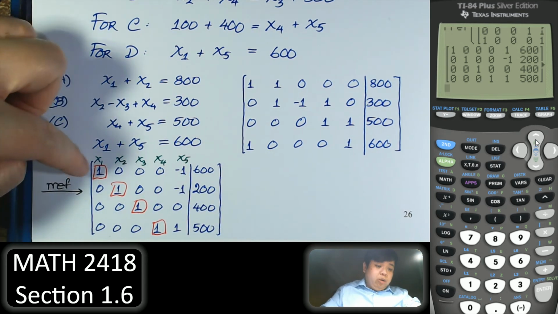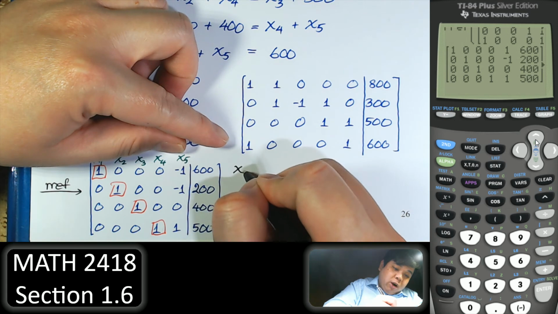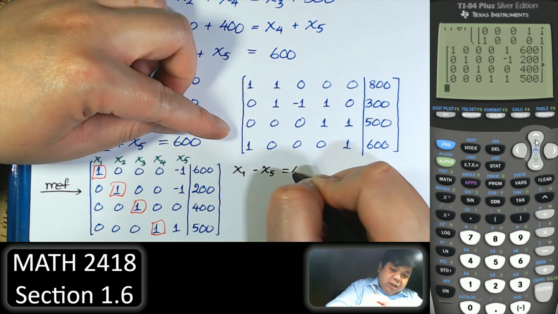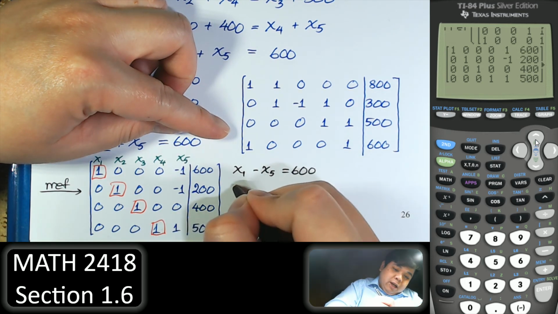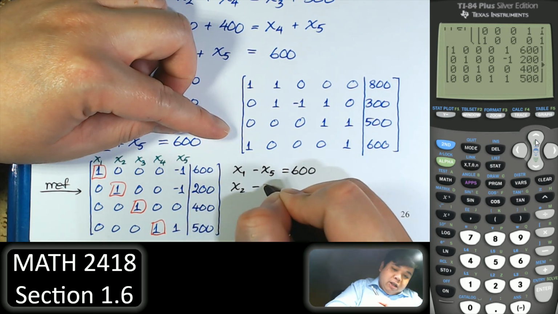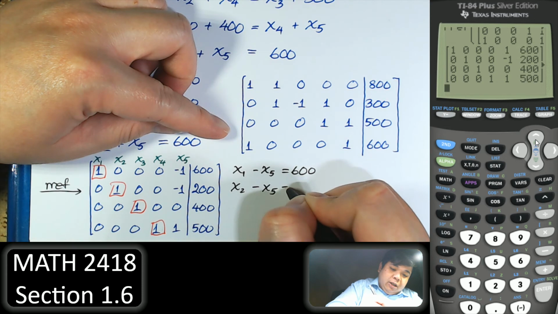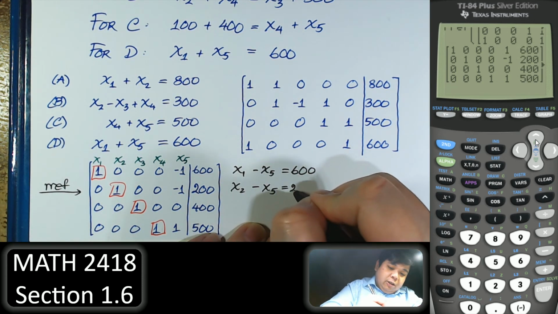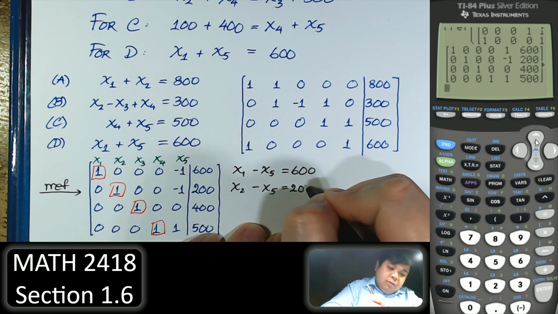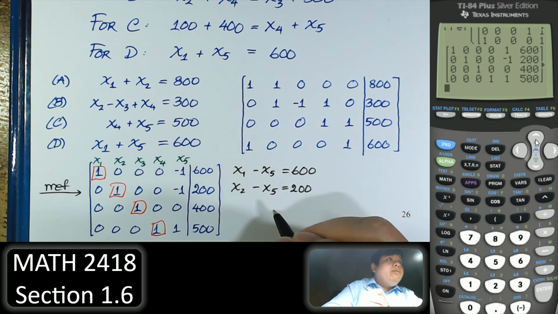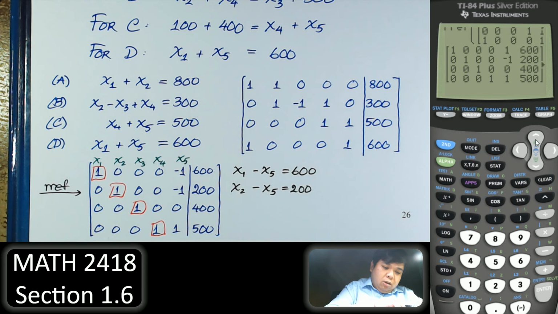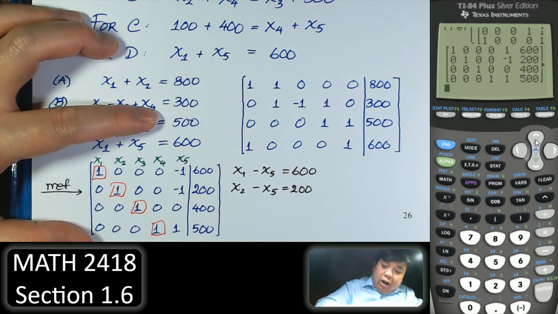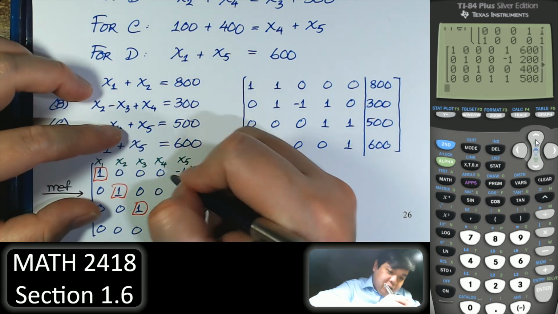To rewrite that, I have x1 minus x5 equal to 600, x2 minus x5 equal to 200. If I copy this correctly, it's a plus here.